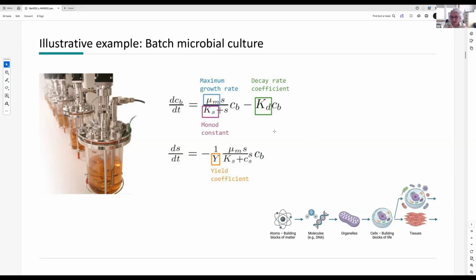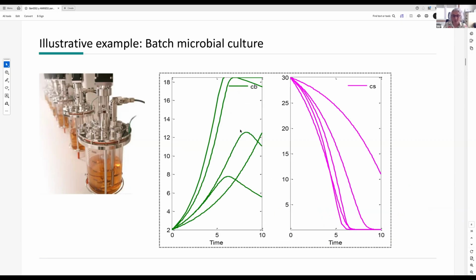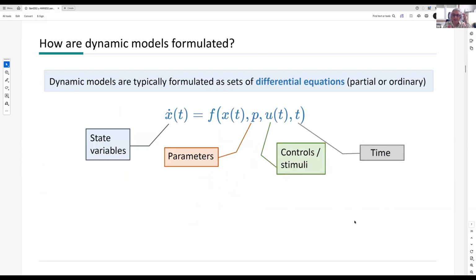So we have parameters which are unknown, but which will definitely condition the dynamics of the system. So different parameter values will lead to different growth rates, to different decays, to different uptake rates, and so forth.